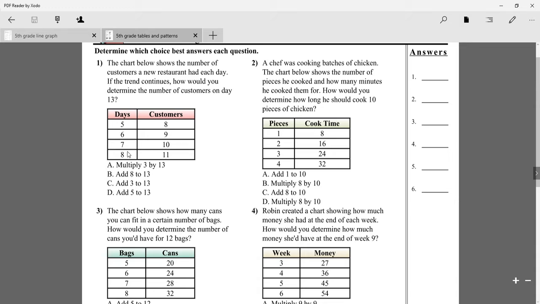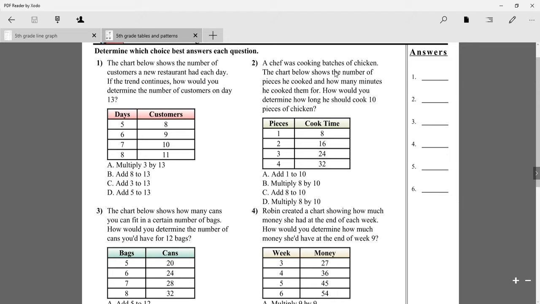So I could just continue this chart, and that's a good strategy to use a lot of the time because it typically is not too hard to do, and you will usually get the right answer as long as you can do the basic math. Alright, so let's go to number 2.